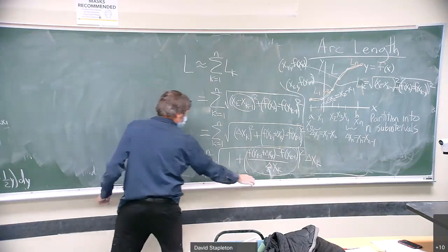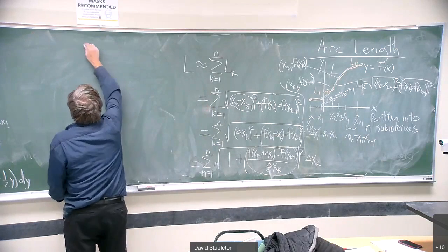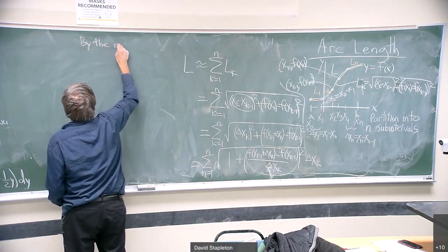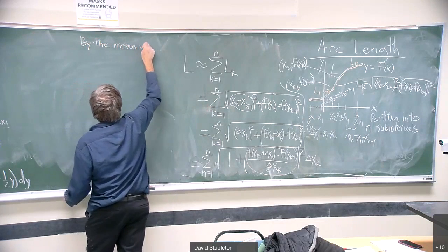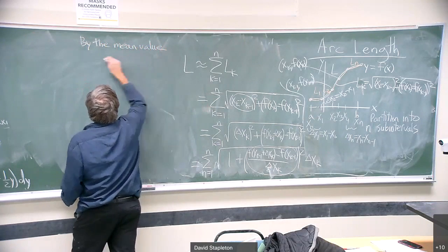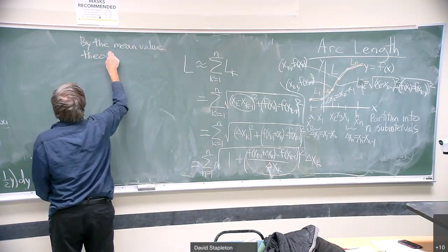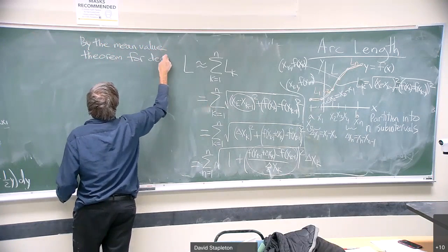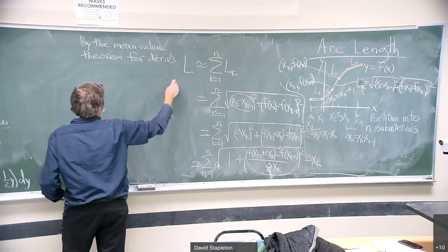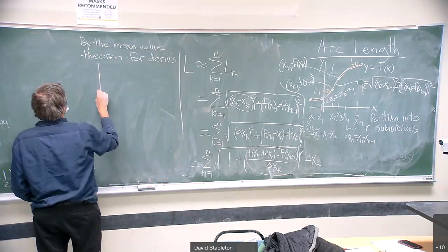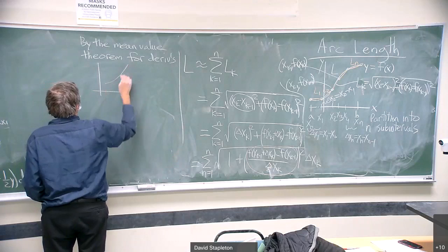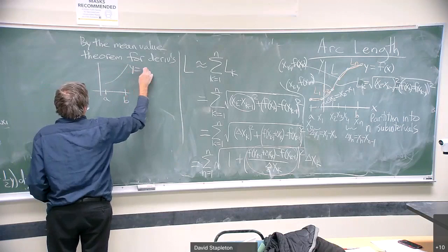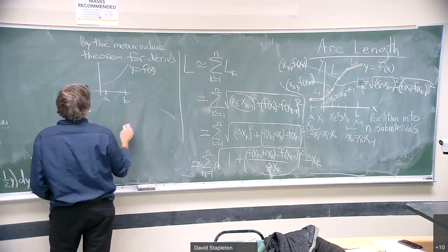And I'll just remind you of it a little bit. By the mean value theorem for derivatives, also one for integrals. If you take y equals f of x on an interval a, b, here's what it says.